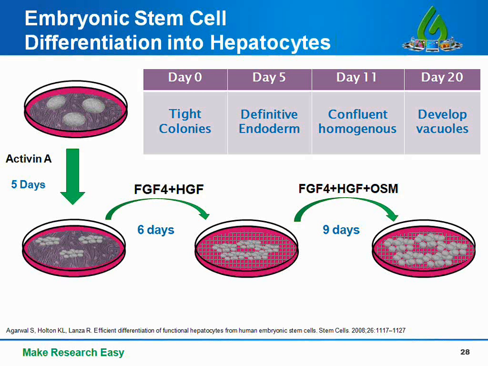Now, after an additional 3 days, the media was changed to complete human conditioned media with FGF4, HGF, and now the addition of dexamethasone and oncostatin M. By day 20, the cells had generated cytoplasmic vacuoles displaying morphogenic phenotype and had differentiated into human hepatocytes.